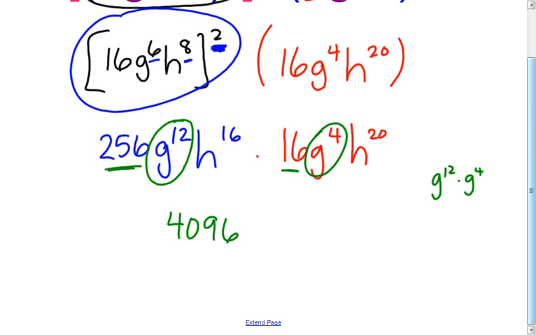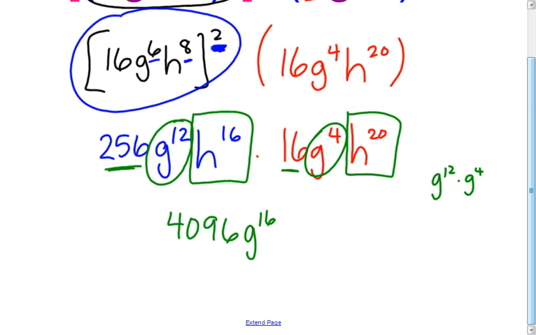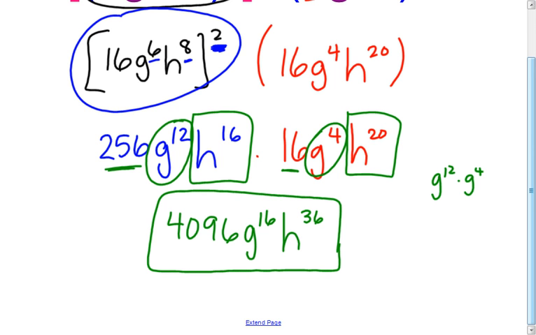So I want to make that be g to the 12 plus 4, which is g to the 16th. Okay, and then I want to take h to the 16th times h to the 20th. And again, I have two bases, which means I will add the exponents. So I will have h to the 16 plus 20, which is 36. Okay, and that's how that one should look.